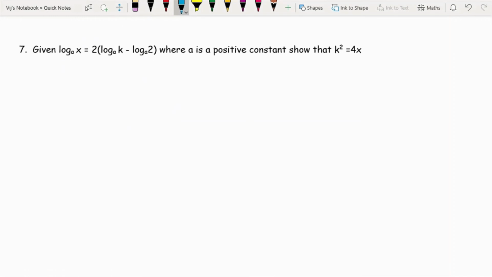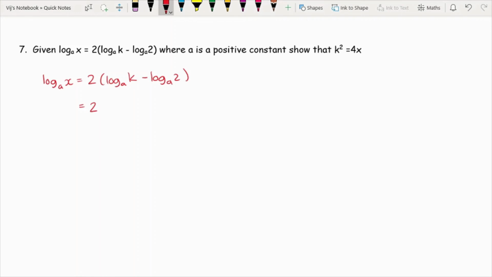Here again my main objective is to try and write the right hand side as a single logarithm. So again, start off by writing the question out. And again, how do I know this? The first thing that you always want to check is to make sure that the bases of each of the logs mentioned in the question are the same. In this, all my logs have got the base a. Now from this, I'm going to leave the 2 as it is.